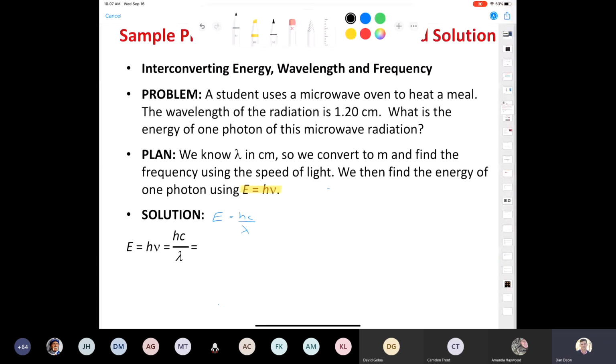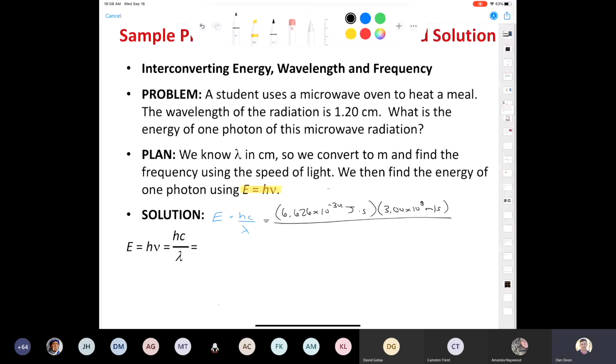So E is equal to Planck's constant, which I told you earlier today was 6.626 times 10 to the negative 34 joule seconds, multiplied by the speed of light, 3.00 times 10 to the 8 meters per second, divided by my wavelength. Could you convert 1.20 centimeters into meters? If you can't, I can help.